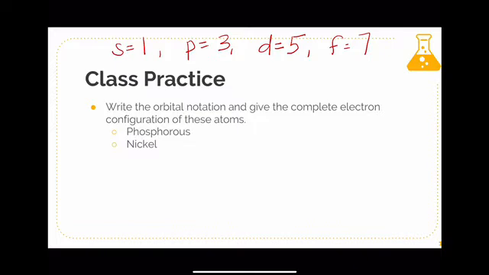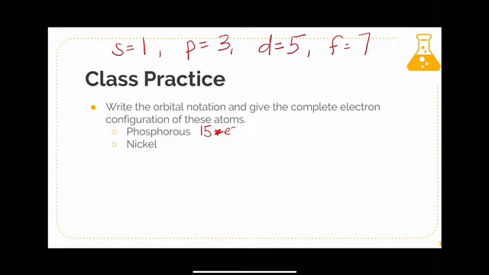when we write our orbital notation, what we have to know to start these problems is how many electrons there are. Okay, so phosphorus, it has atomic number 15. So that means if it's a neutral atom, there are 15 electrons. Okay, 15 electrons.